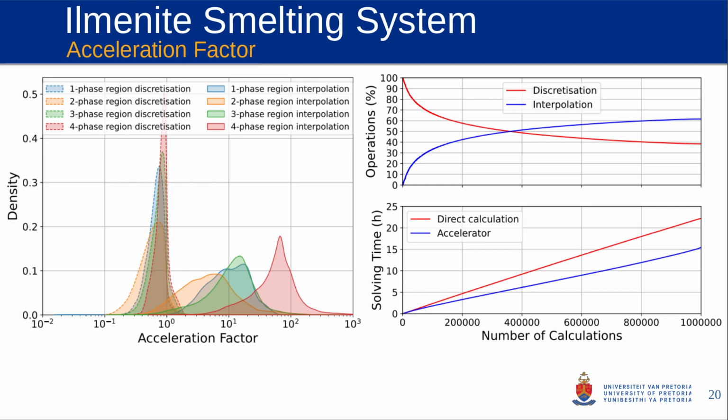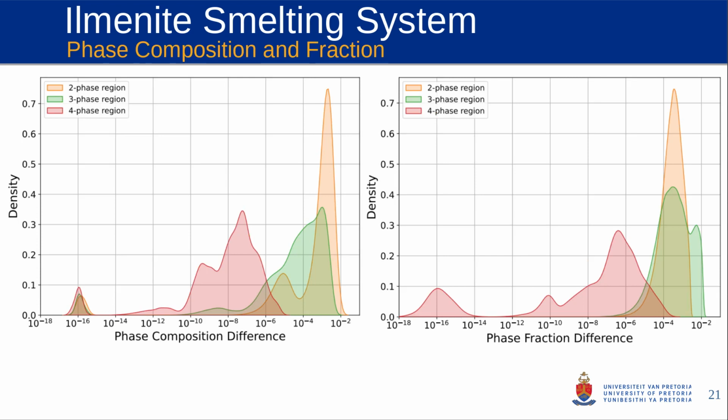We can see that initially the model is only discretizations being performed, and as the model progresses, more and more interpolations are performed, and this led to a model that potentially would have solved in 22 hours being solved in 15 hours.